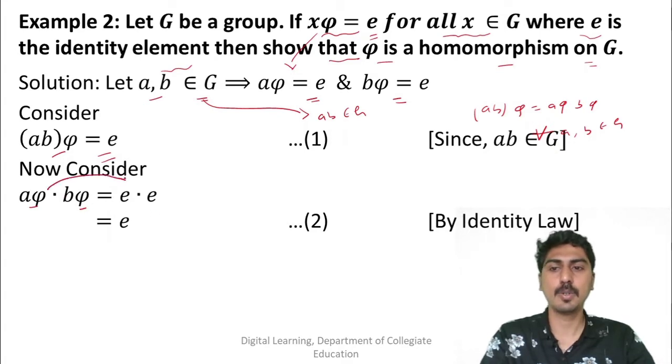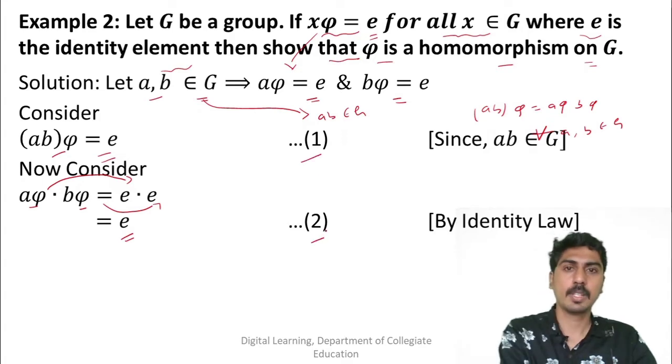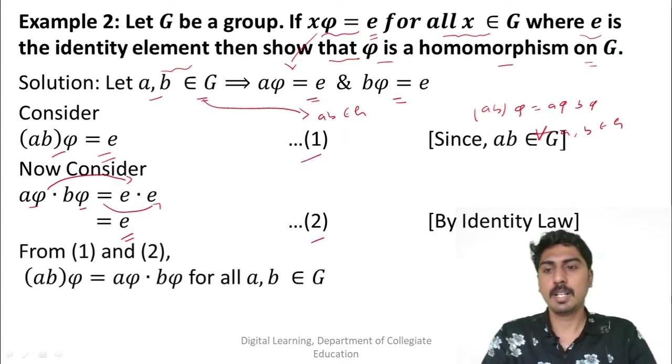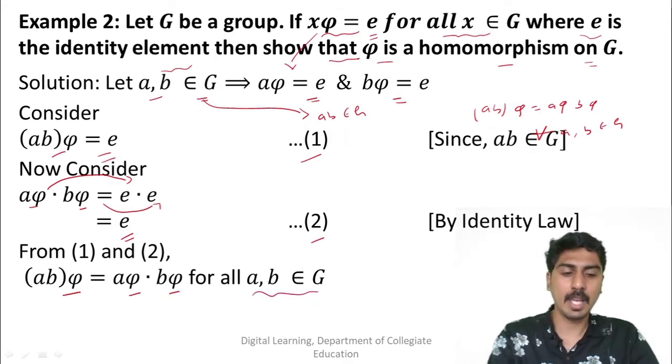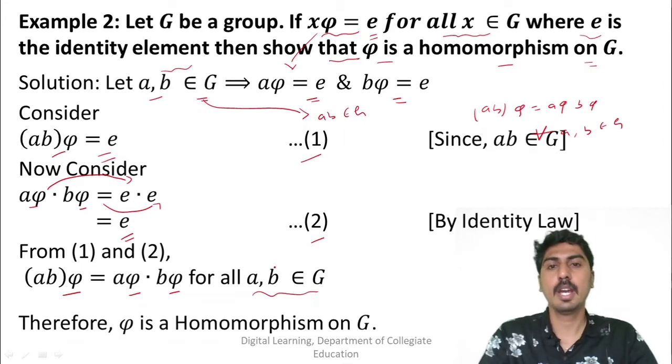A phi is equal to E and B phi is equal to E. By the identity law, E dot E is also equal to E. From equation 1 and equation 2, we have AB phi is equal to A phi B phi for all A, B in G. Hence, phi is a homomorphism on G.